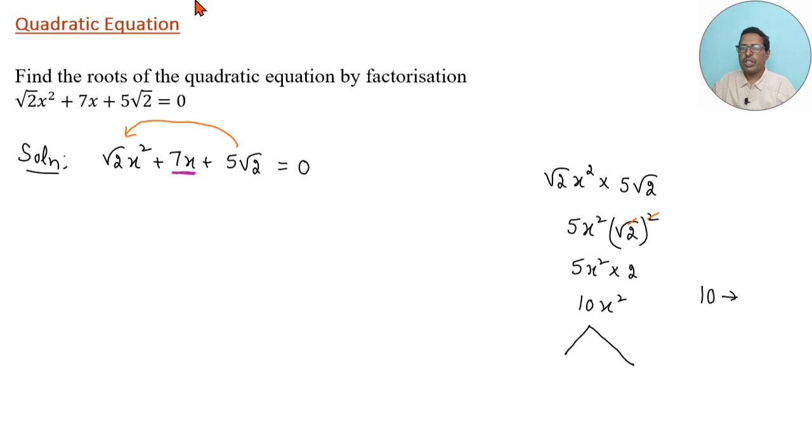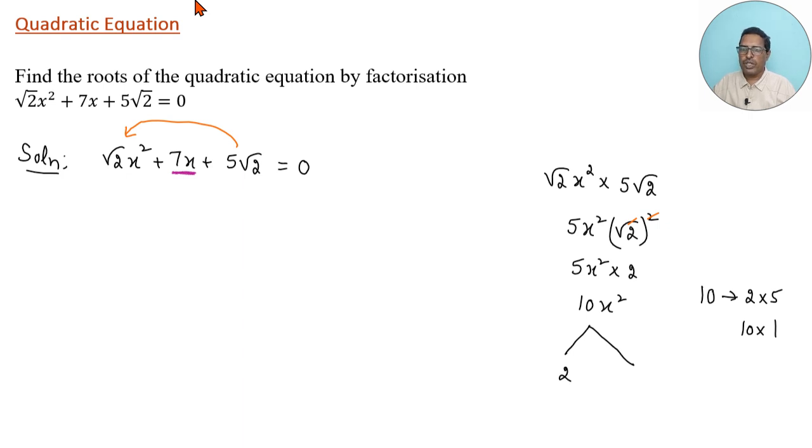One thing that you can write is 2 fives are 10, or 10 ones are 10. You have different options. Now if you add, you have to get 7x. So you can see 2 plus 5 will give you 7, whereas 10 plus 1 or 10 minus 1 will not give you 7. Therefore let us take this 2 and 5.